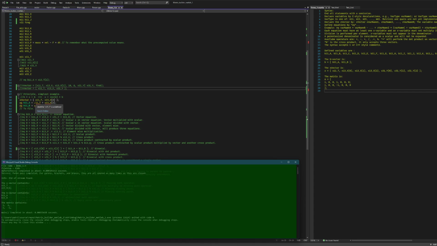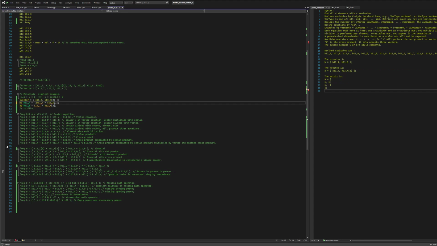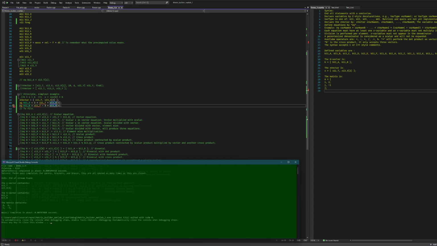So if I were to put 2 times that there and 3 times that there, you will see in the matrix we have a 2 and a minus 3. So now we can see how the matrix is constructed.